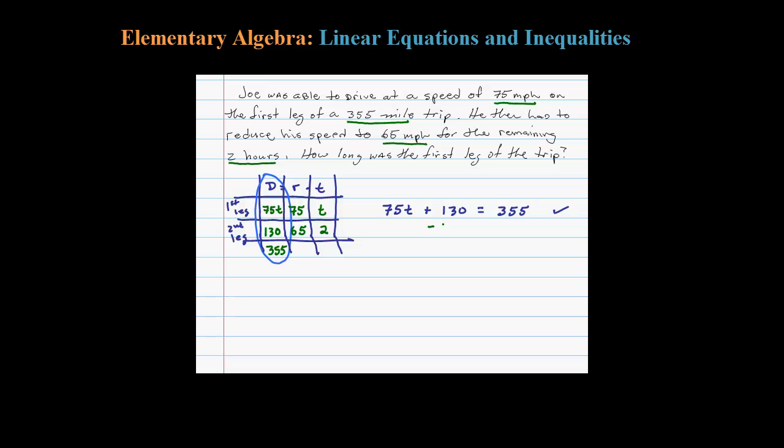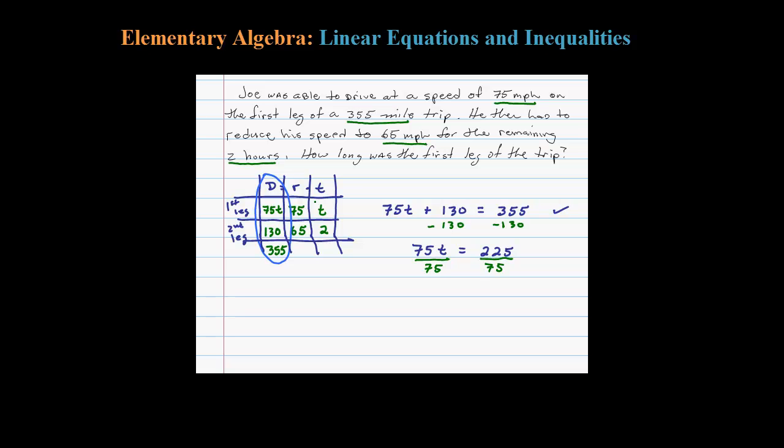Okay, so let's go ahead and solve this. First we would subtract 130. So that would leave us with 75t equals, was that 225? Okay, and then we would divide here by 75.